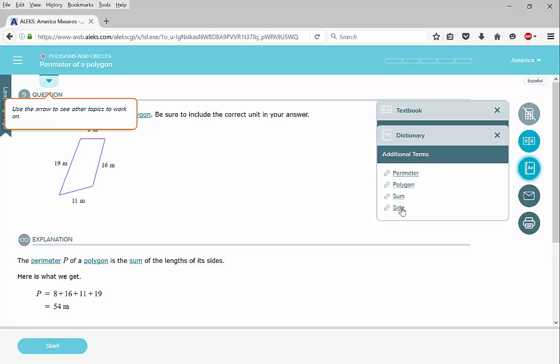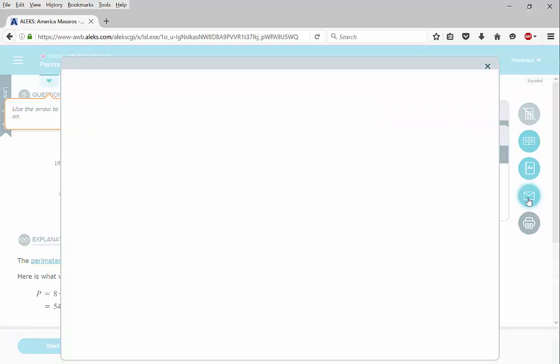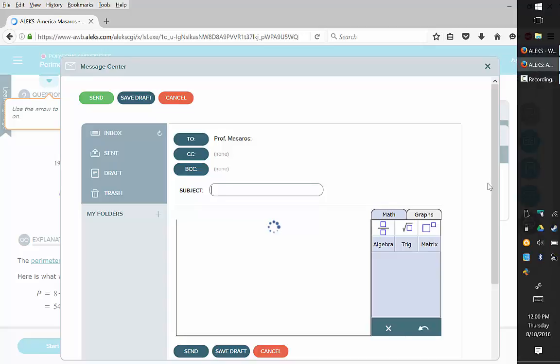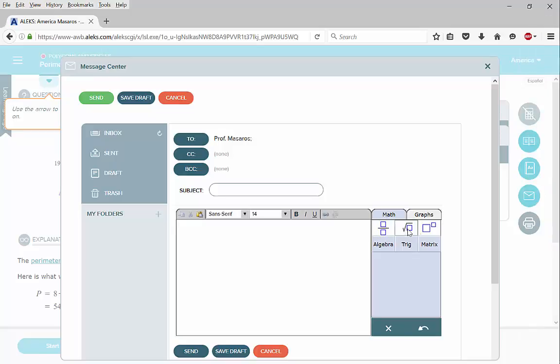I can look up any of those terms. Message your instructor. This gives me an email window right here in the page that I can use to email my instructor and ask for help. It also gives me tools if I need to type math in the email body, which is something I don't have if I just send it from my email.